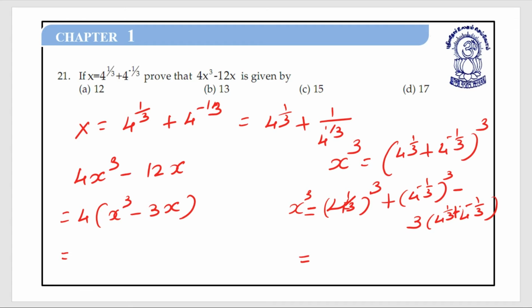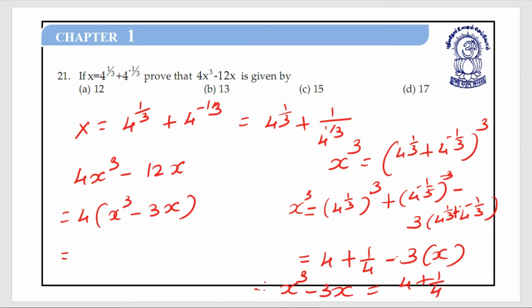So here 4 raised to 1 by 3 cube becomes 4, plus 1 by 4, plus 3 into (4 raised to 1 by 3 plus 4 raised to minus 1 by 3), which becomes x. So here we can write x cube minus 3x is equal to 4 plus 1 by 4.